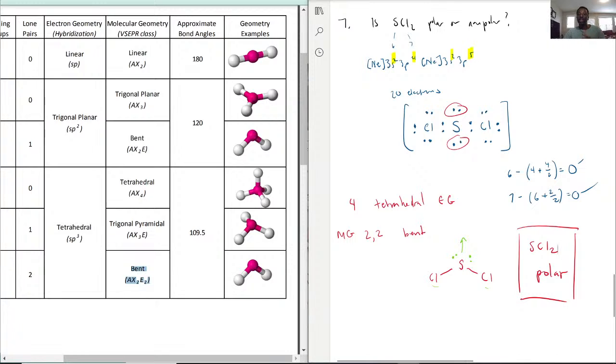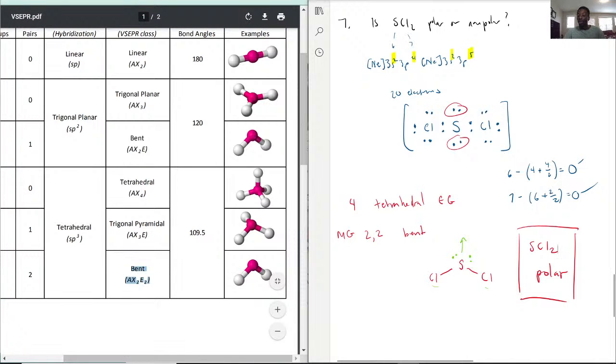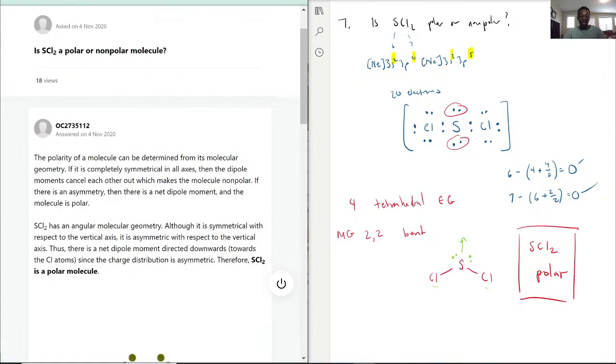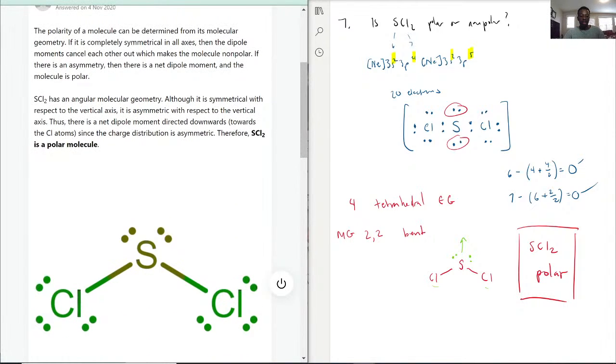The electrons there, you have to make sure you draw it out, look at its geometry, because you'll see that it's actually not nonpolar because of the fact that it has a bent shape. So exactly, as you see here, it has an angular molecular geometry, although it's symmetrical in respect to its Lewis dot diagram.